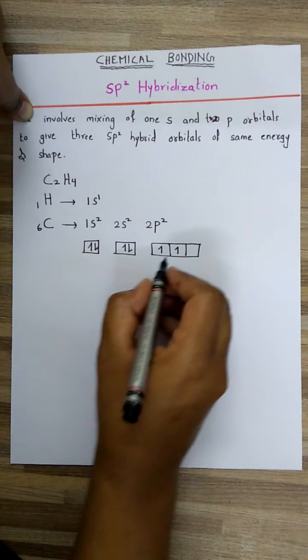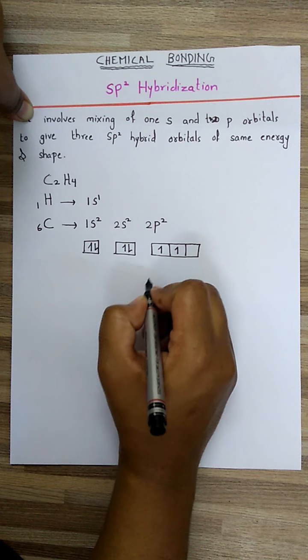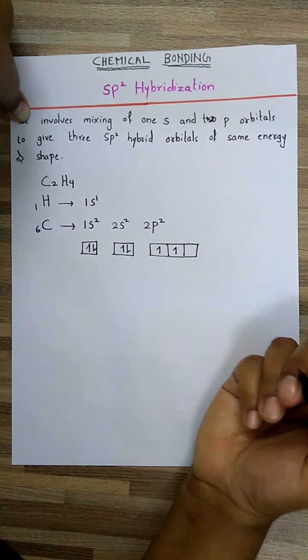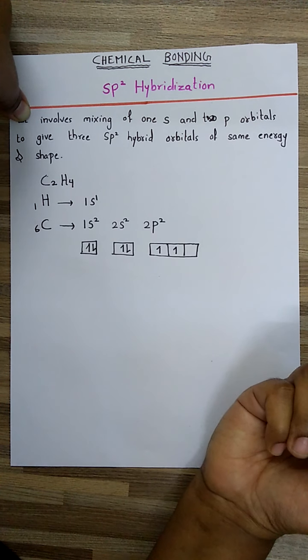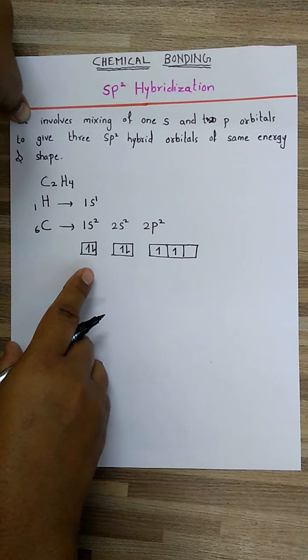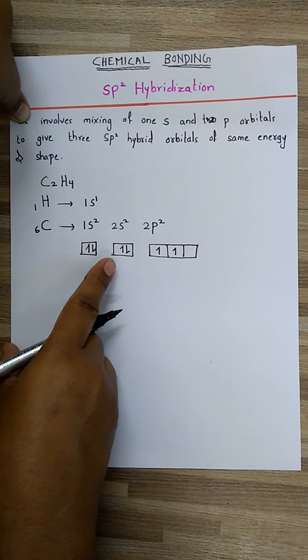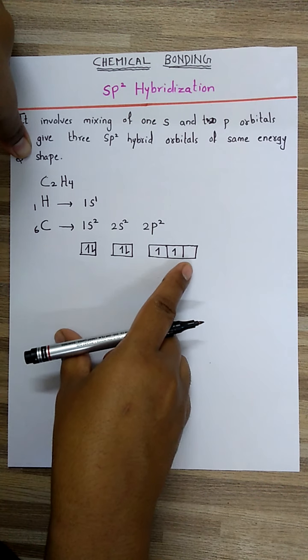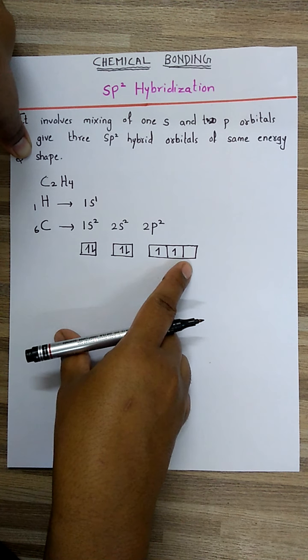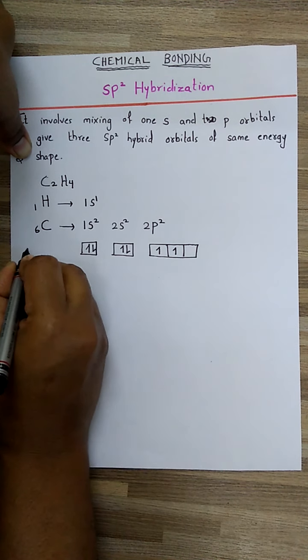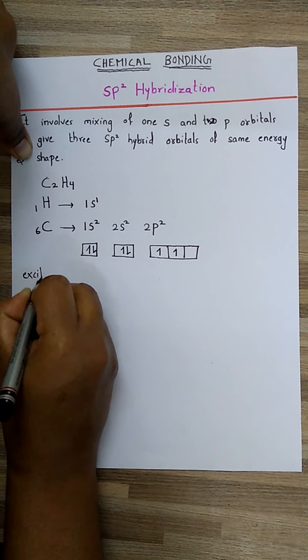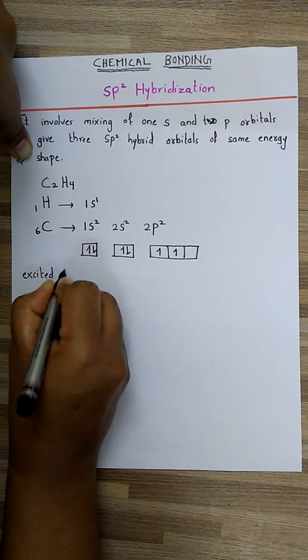Now, to explain the tetravalency of carbon, that the valency of carbon is 4, we have studied that the carbon atom undergoes promotion. The electron from the 2s orbital will be promoted to the empty 2pz orbital, and that state will be known as the excited state.